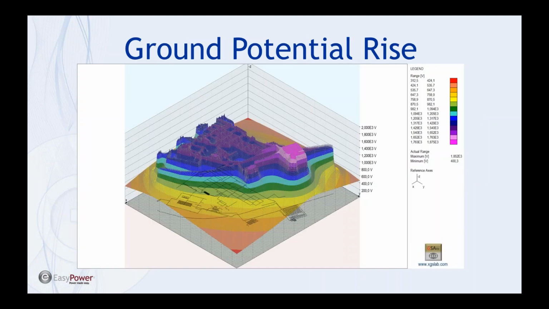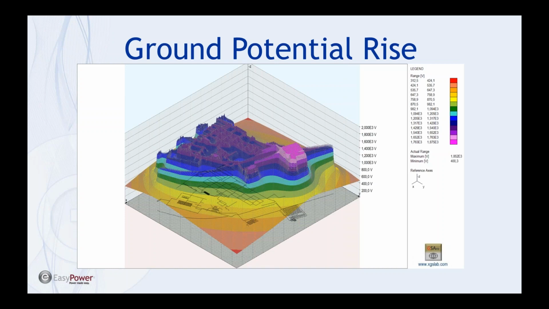For a quick visual representation of ground potential rise, we show a large grid. Underneath this topographical overlay, we have some ground conductors shown. These are just the below grade grid conductors that are connecting everything together. And then on the top, the topographical overlay shows the variation of ground potential rise throughout this area.